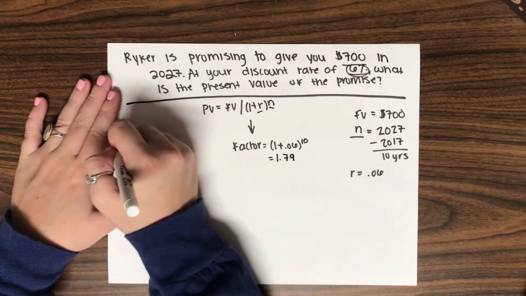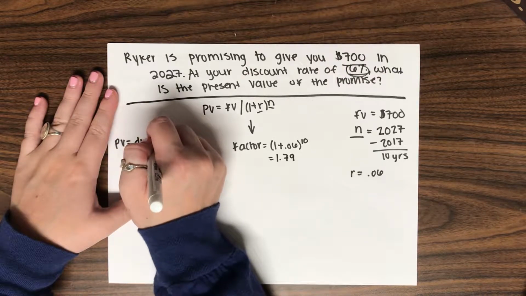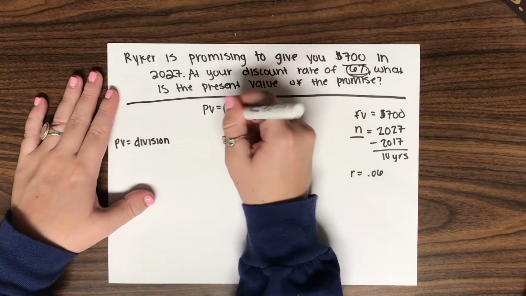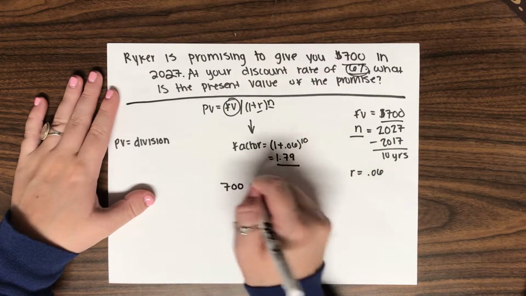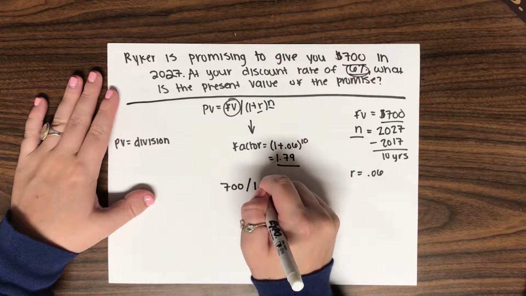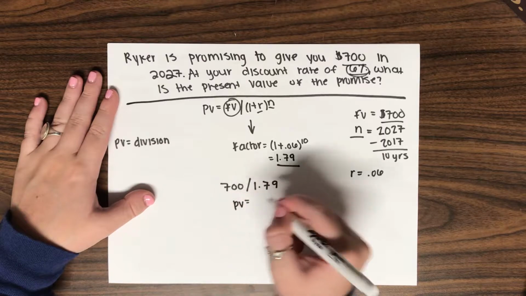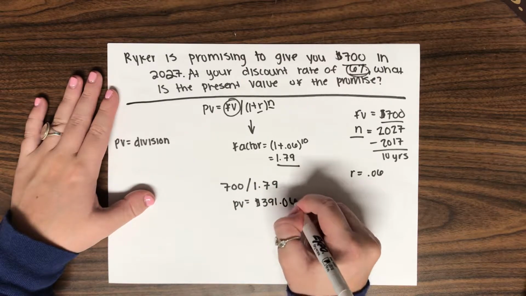1.79. Next, we remember that present value is division. So we have to divide our future value, which is 700, by our factor. So we plug in those numbers, 700 divided by 1.79, and we get a present value of $391.06.